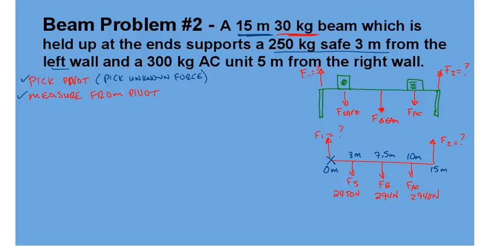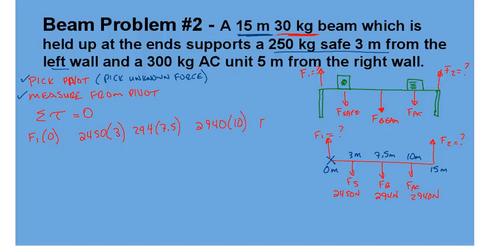All right, next up, we say the sum of the torque equals 0. That's where we want to go next. And I see 5 forces, so I'm going to have 5 torques. I'd have F1 times 0. I'd have 2,450 times 3. Here's 294, that's acting at 7.5. And here's 2,940 acting at 10.